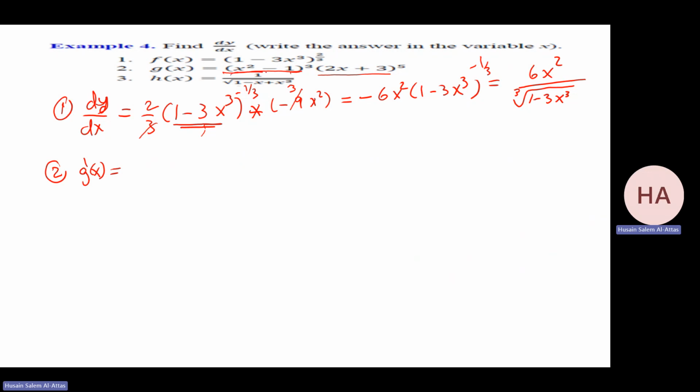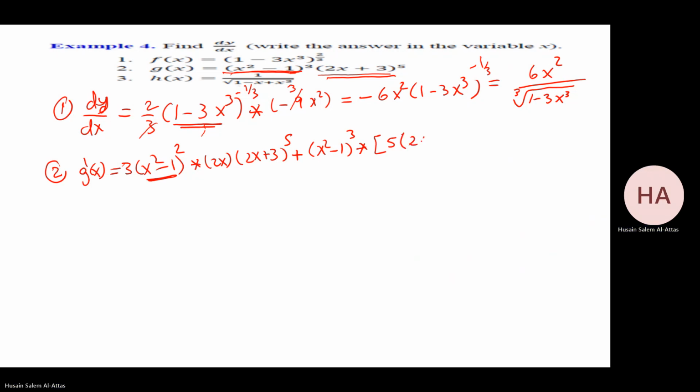I have the derivative of the first, which is 3x squared minus 1 squared times the derivative of this, which is 2x, times the second, plus the first times the derivative of this. How to find the derivative of this? 5 times 2x plus 3 to the power 4 times the derivative of this, which is 2.